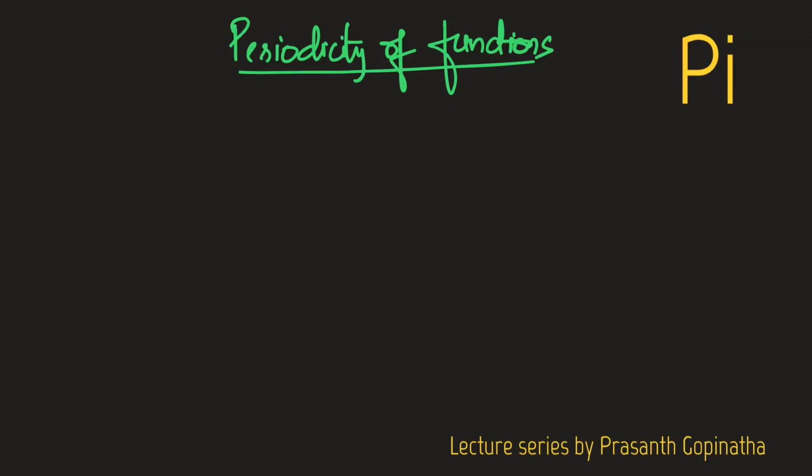According to the definition here, a function is said to be periodic if there is any number t such that f of x plus t becomes the same value f of x. Let me repeat that once again.